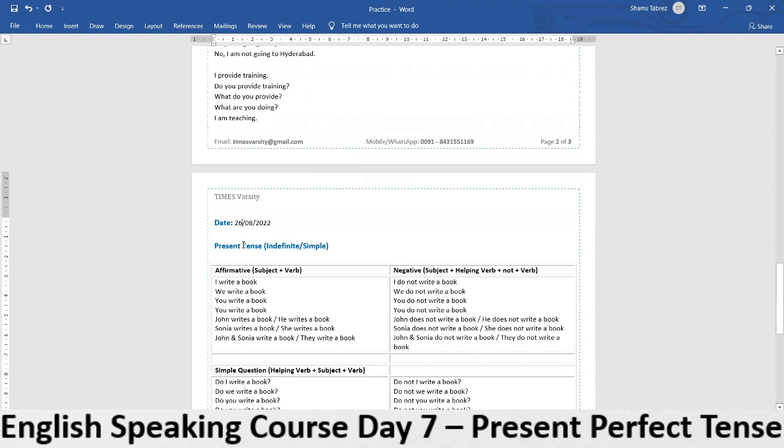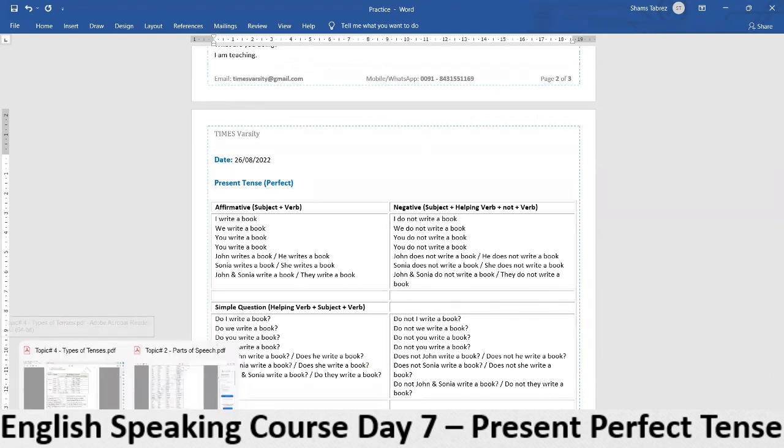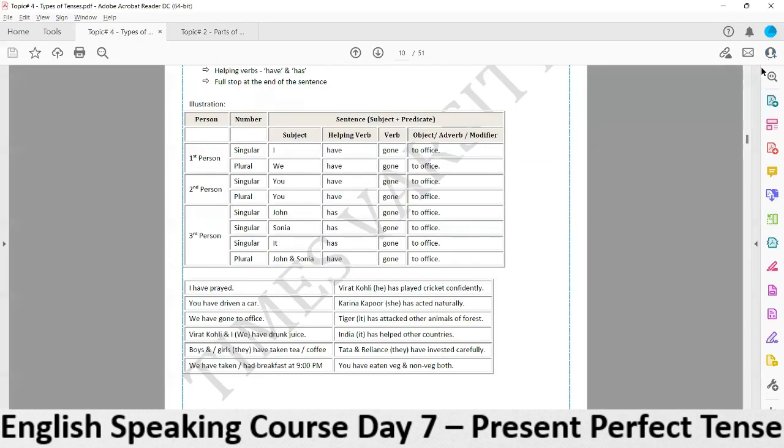We are talking about the present perfect tense. So this is also called the present perfect tense. Okay. So here, if we use an affirmative sentence, then what is the syntax for affirmative?